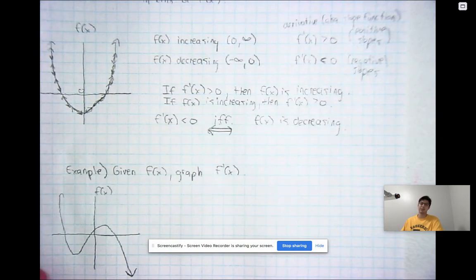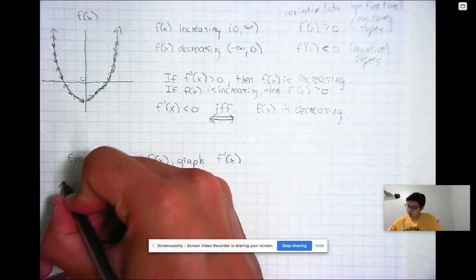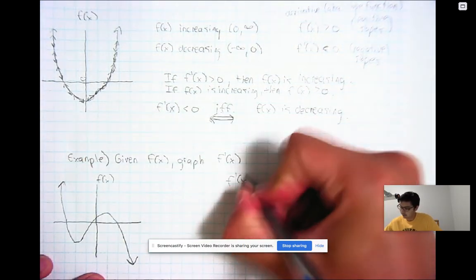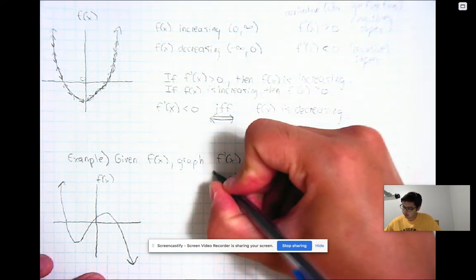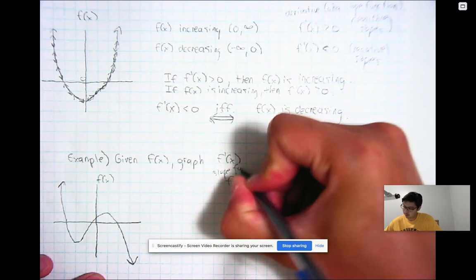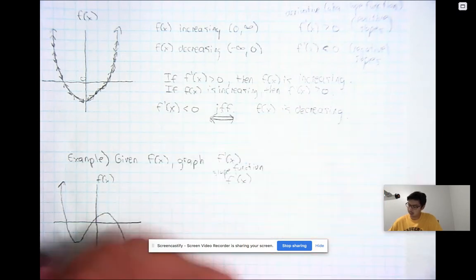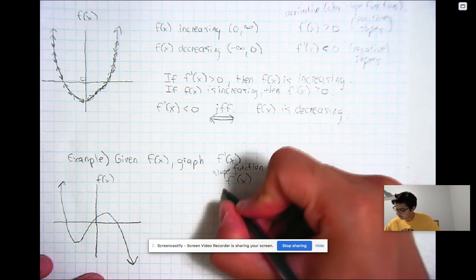Say f of x looks something like that. Now, what would f prime of x look like? Remember, f prime of x is the slope function, so we're looking at the slopes of f of x at each given moment.